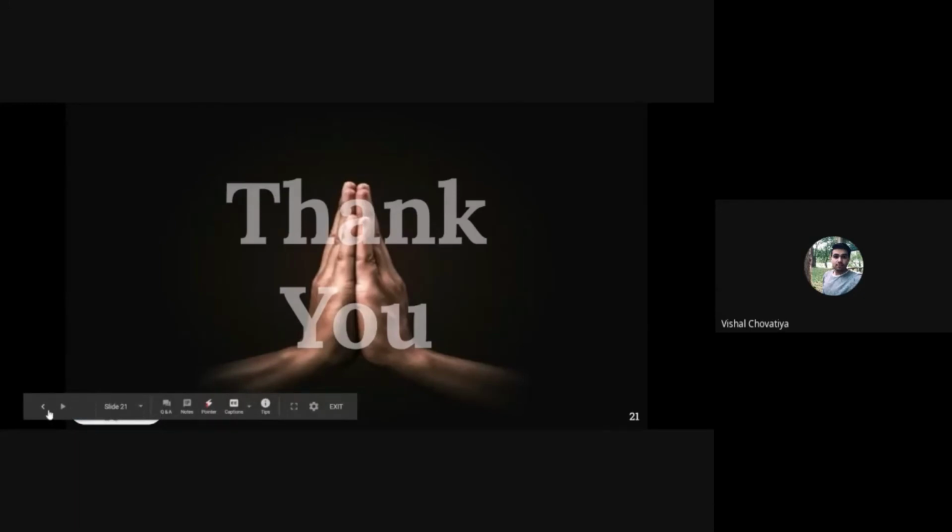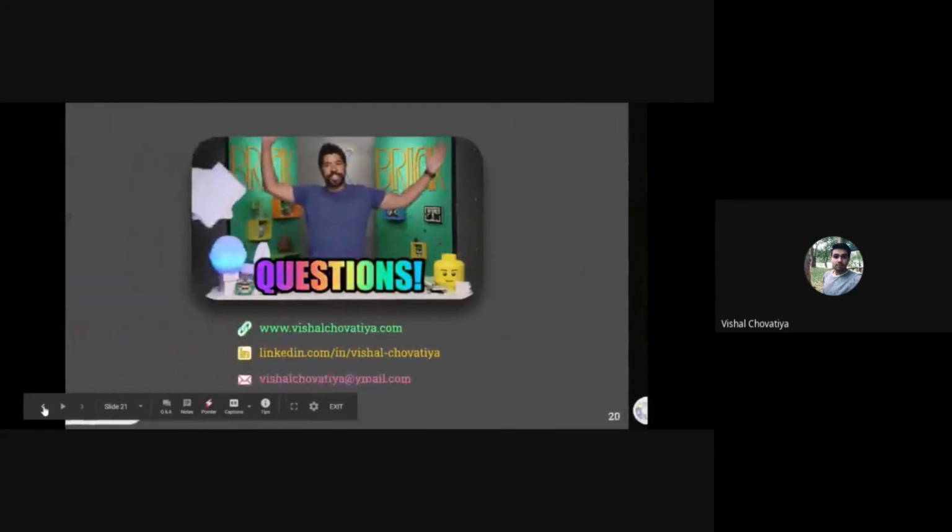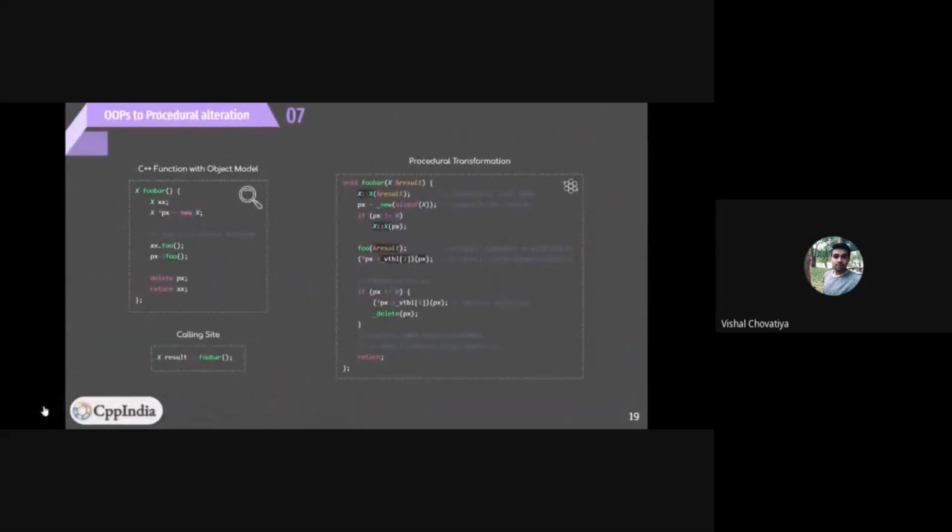Apart from that, I have also not covered structured binding, which was introduced in C++17, which is also kind of syntactic sugar. So there are many topics I left out intentionally, because otherwise our presentation would be very huge. So I guess I'll be covering those in subsequent presentations.